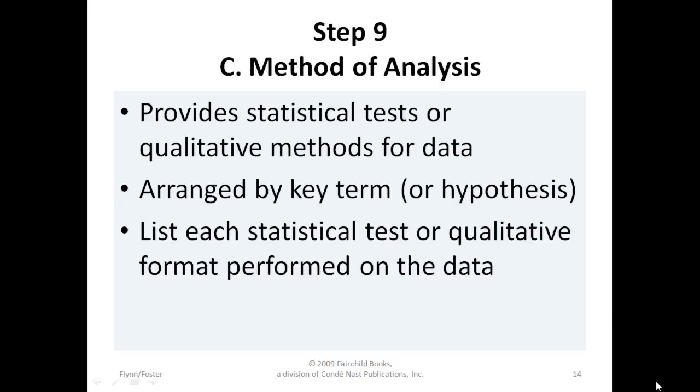Next, step 9 is the method of analysis, which is going to be Part C of your FRAF. This provides the statistical test or qualitative methods for the data. We're not going to arrange it by key term. We're just going to state what statistical methods were actually used to find all the in-depth hypothesis information.